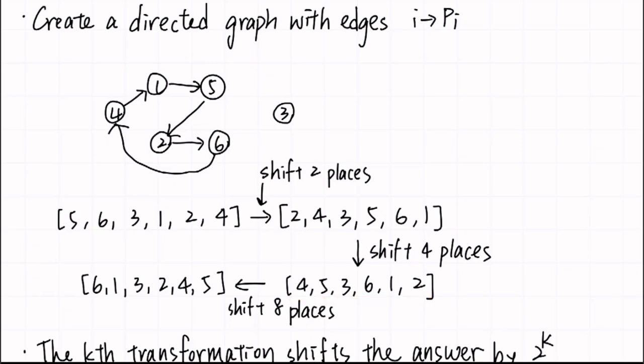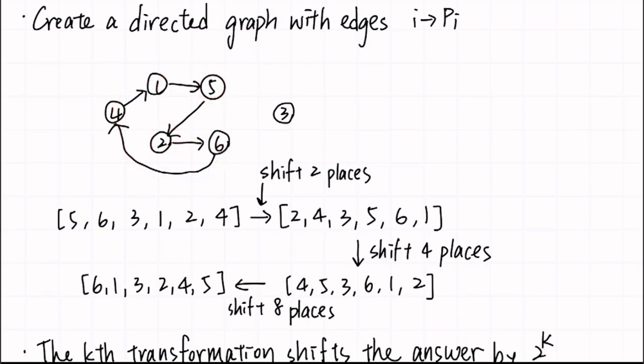For the second transformation, we notice that each place shifts by 4 places on the graph. So the first location now has a value of 4 after the second transformation, which is 4 steps away in our graph. And for the second place, after the second transformation, the value becomes 5, which is again 4 steps, as shown in the graph above.